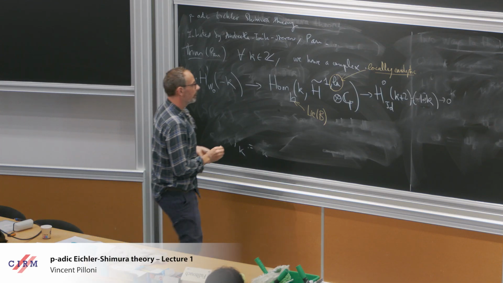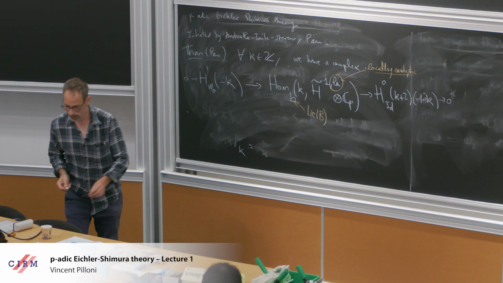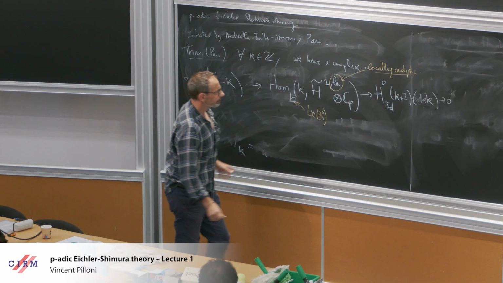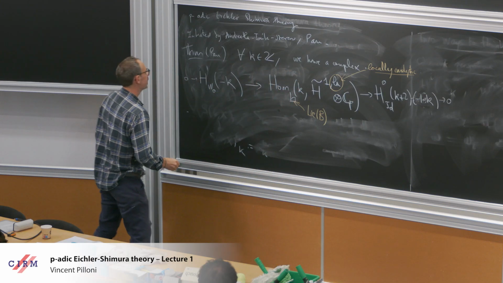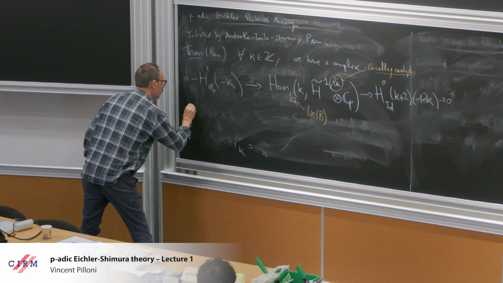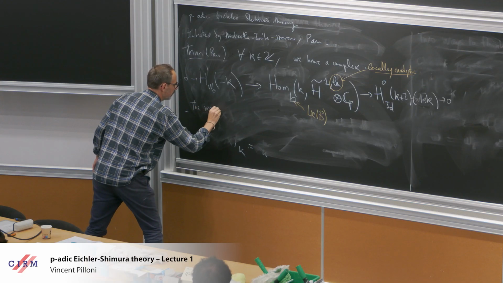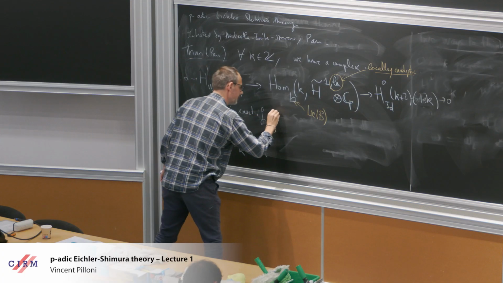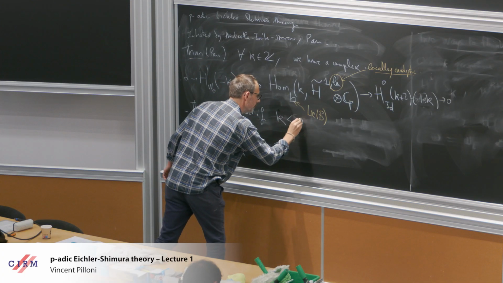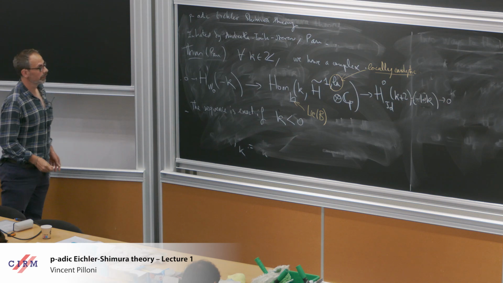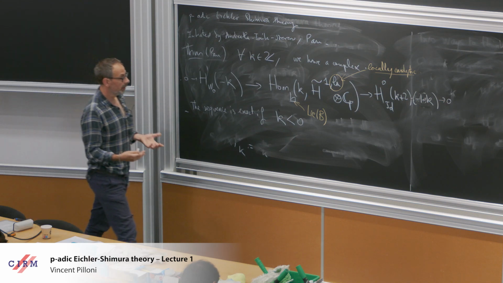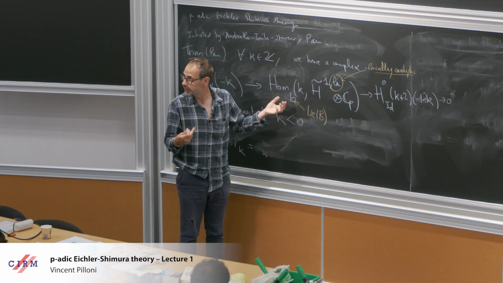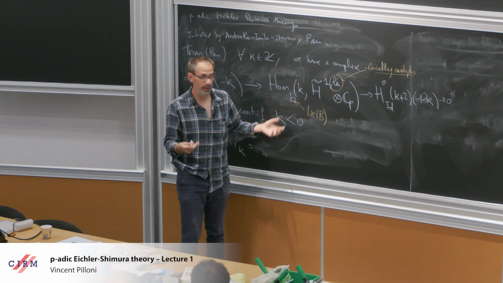Okay, so these are the two higher Coleman theories. Now the sequence is exact if k is strictly less than 0. So that's basically in the range where actually there is no classical automorphic sheaf. There's no Sym^k of the standard representation, right?